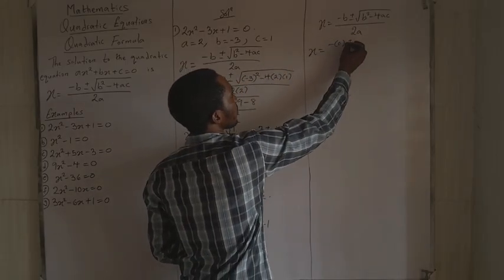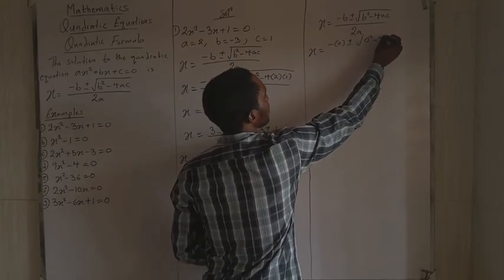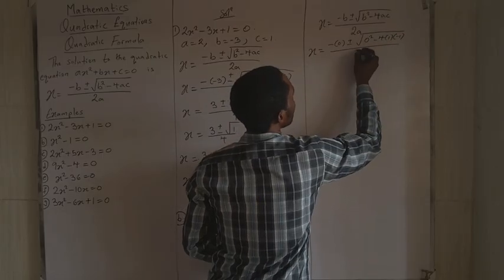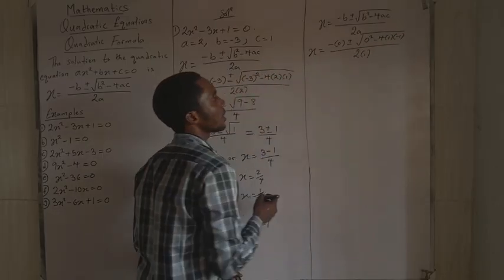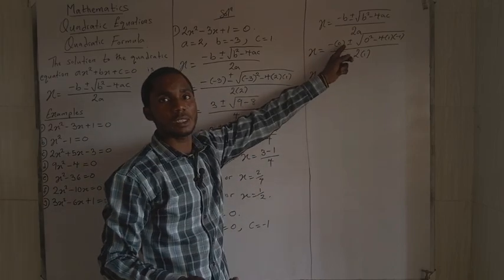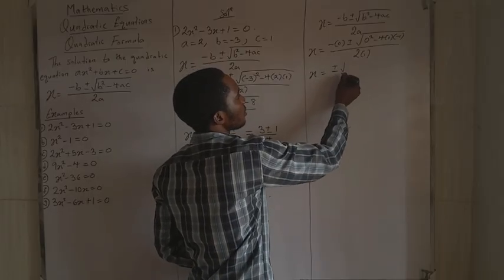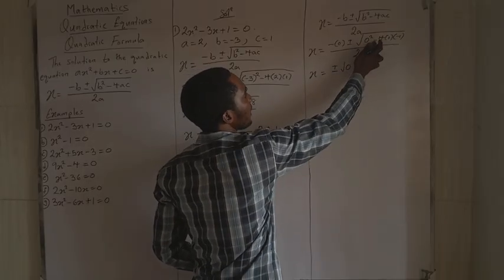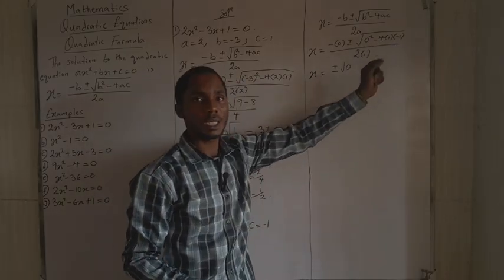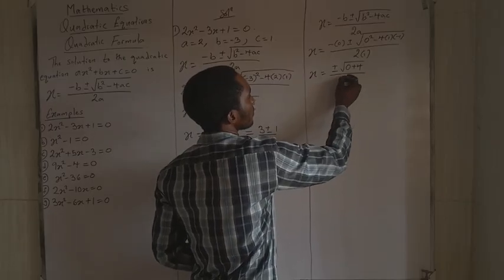Minus 0 plus or minus the square root of 0 squared minus 4 times 1 times −1, over 2 times 1. x equals minus 0, still 0, plus or minus the square root of 0 minus 4 times 1, that is −4. −4 times −1 is 4, so plus 4 over 2.